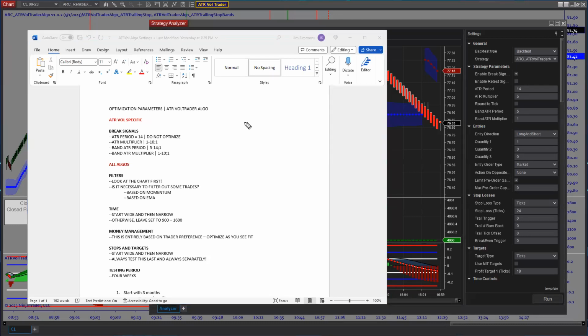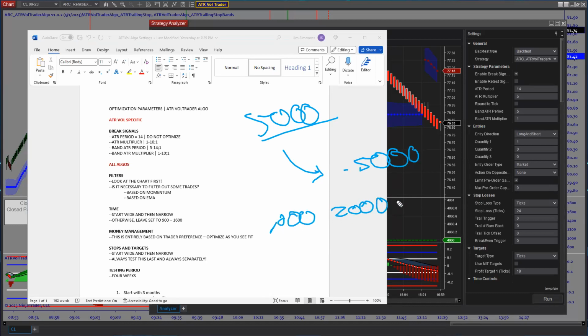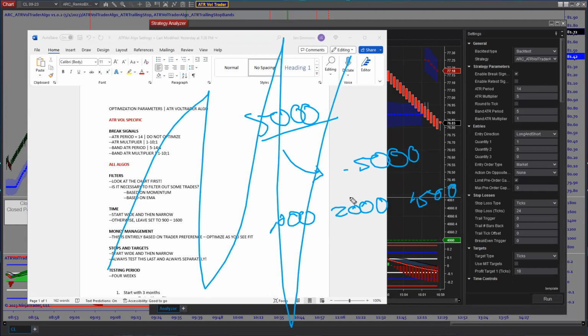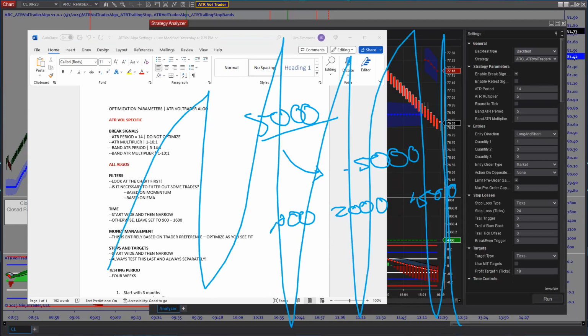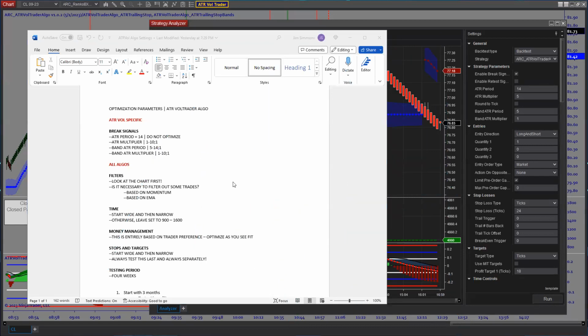I don't want a month where we made 5,000 on the back test, and then in real life, you actually lost 5,000, right? You want something that's steady. Make 1,000, make 2,000, make 1,500. You don't want something that's all over the map, because then you just go nuts. So look for consistency.